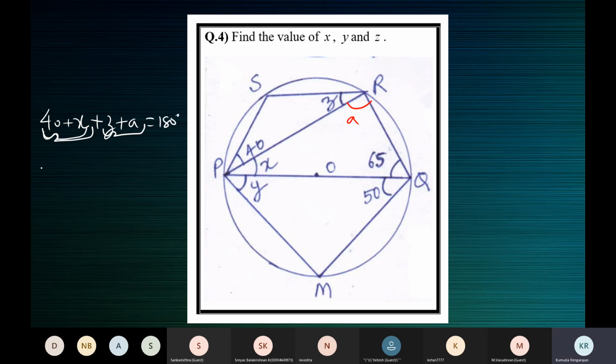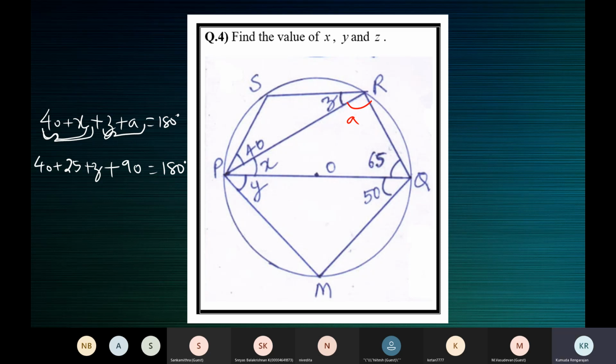Supplementary, 180 degrees. So 40 plus x, we already found 25, plus z, we have to still find, plus a, which is 90, is equal to 180. In a cyclic quadrilateral, opposite angles are supplementary.